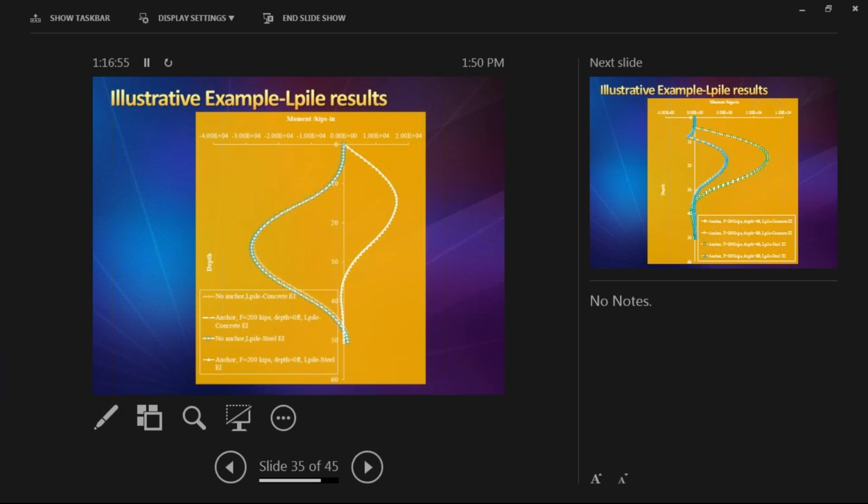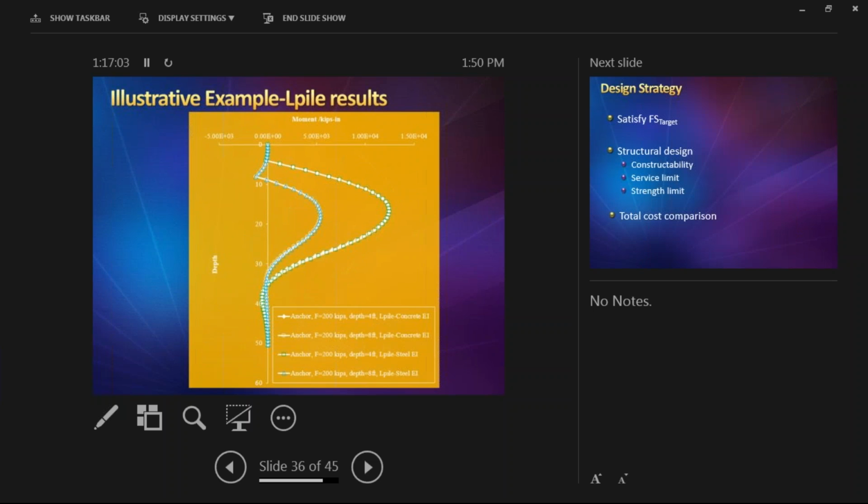Here is the moment, so you can take those moments and design the reinforcement for the drill shaft. Similarly, you have the distribution of the shear force. This is the moment for another case. You can see the distribution of the moment for the drill shaft with or without anchor changes. The pattern and the magnitude change.